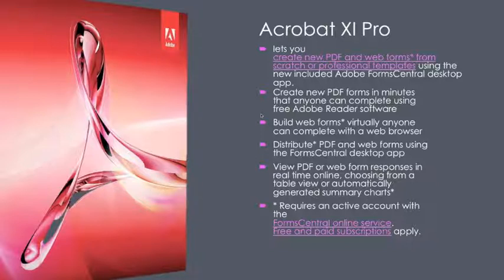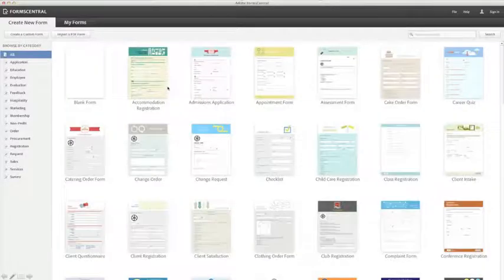So I would encourage you to take a look and see what they've got. The nice thing about Form Central is that you can complete forms from web browsers, and you can share them with people. This is kind of what it looks like, and this is some of their templates.